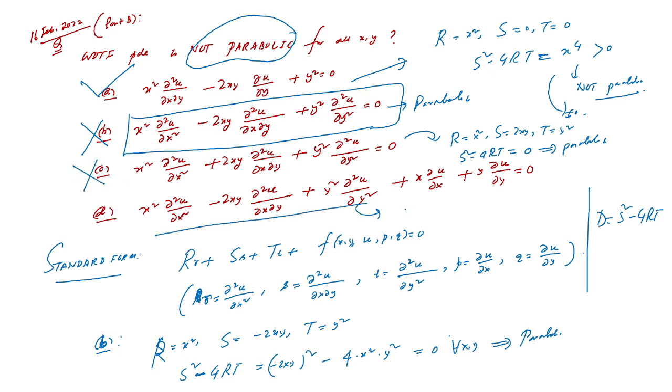Similarly, for the next option, R is x square, S is minus 2xy, T is y square, and you calculate s square minus 4rt. Again, it will be 4x square y square minus 4x square y square, which is 0. So it is again parabolic. So B, C, D are all parabolic, but in our question it is asked not parabolic. So option A is the only correct option.